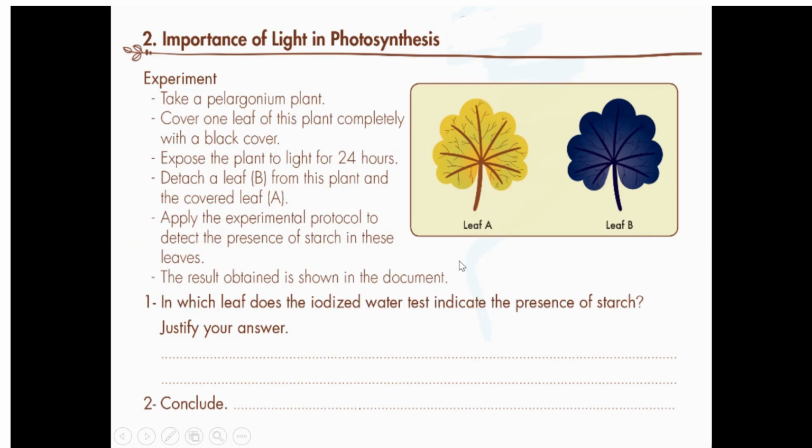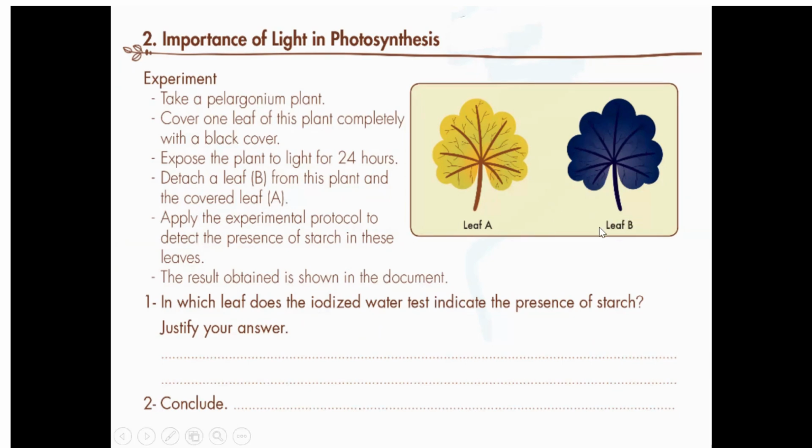Then later on, we apply the experimental protocol to detect the presence of starch in these leaves. And this protocol is putting these two leaves in a hot alcohol to remove chlorophyll from these leaves. Then, using iodized solution, we immerse leaf A in iodine solution.